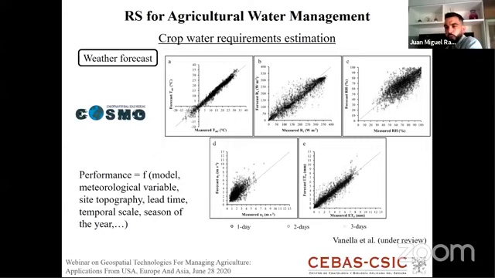In the figure shown in the slide, it can be appreciated an example of the performance of a COSMO model for predicting different meteorological variables in a Spanish study site. Here, the forecast values shown on the y-axis were compared with the measured ones on the x-axis.